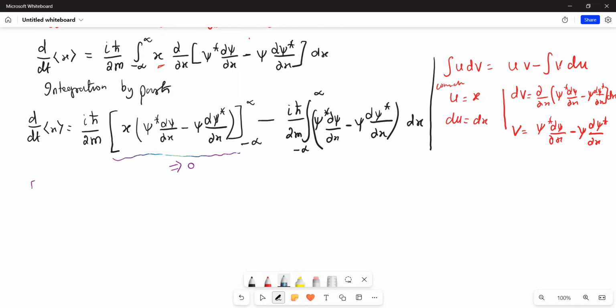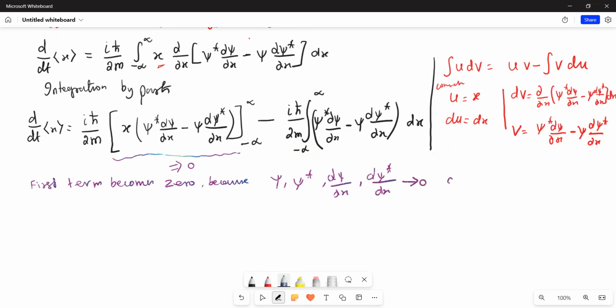So we can write the first term becomes 0, because psi star dou psi by dou x and dou psi star by dou x all will tend to 0 as x tends to plus or minus infinity. Okay, that point.